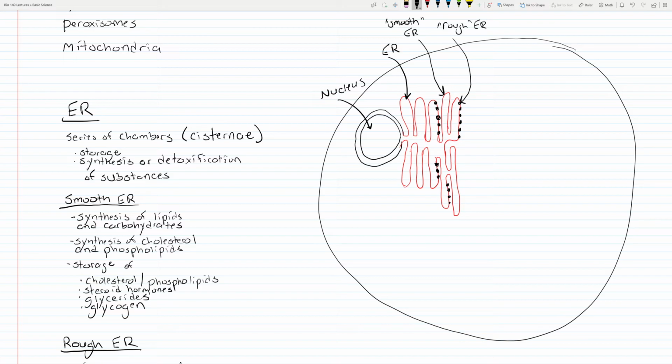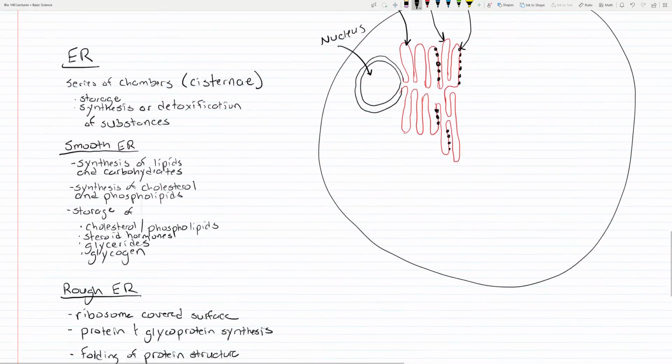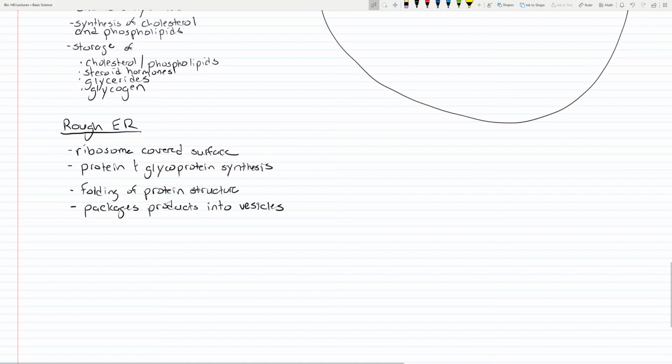Closely related to the function of the endoplasmic reticulum, we have what's called the Golgi. The Golgi, the apparatus or complex, basically processes ER products. That's its job, just to process it.